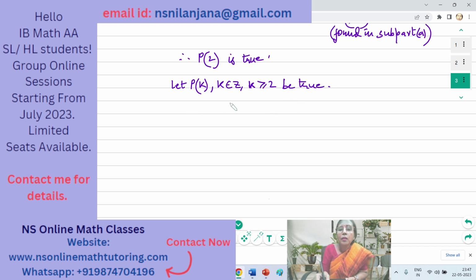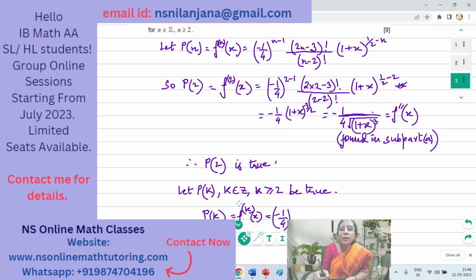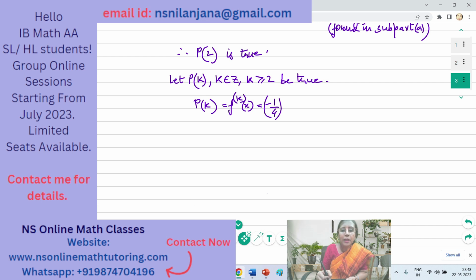So P of k is what? P of k is equal to, first of all, let me write this as the kth derivative of f of x, equal to negative 1 over 4 raised to the power of n minus 1, so it will be k minus 1.